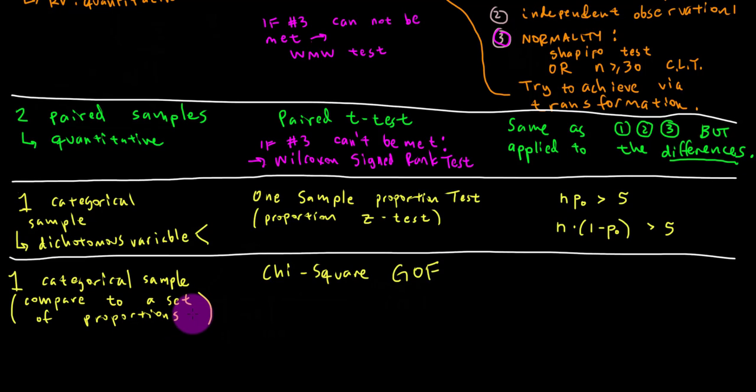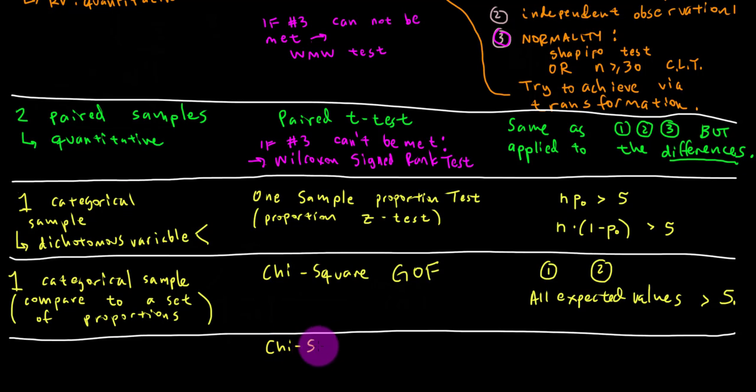But you compare that to some other distribution which has proportions or probabilities expected for each of those categories. Here, the requirements, we still need random sample and independent observations, but this test requires all the expected values to exceed 5. Not too shabby.